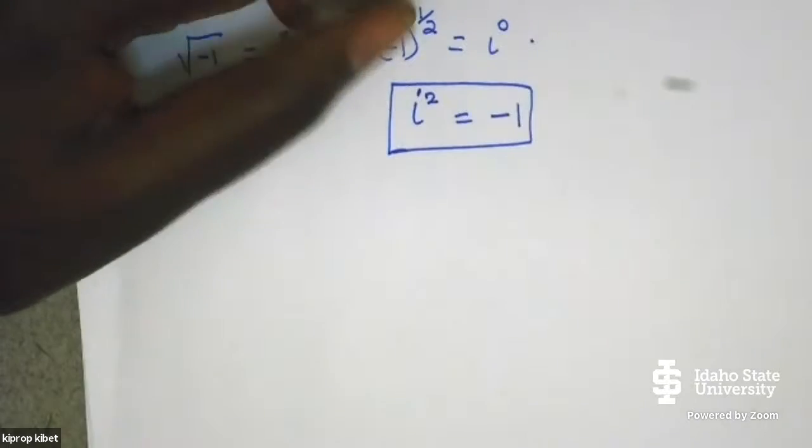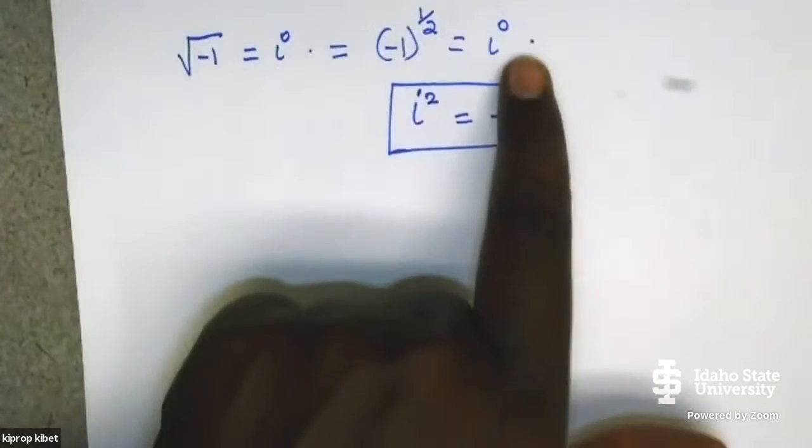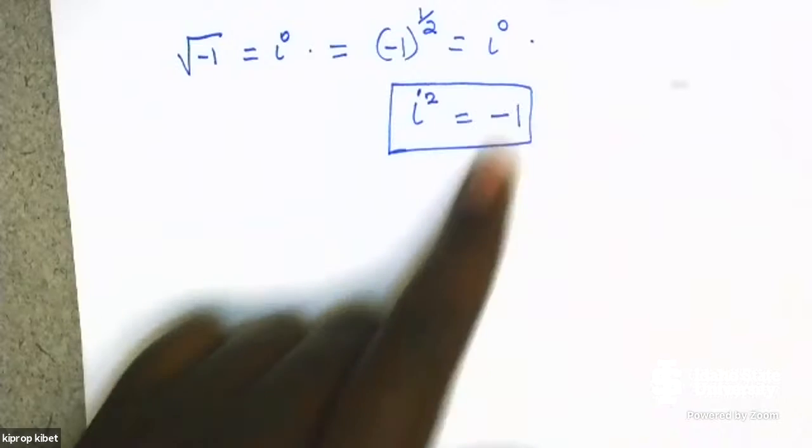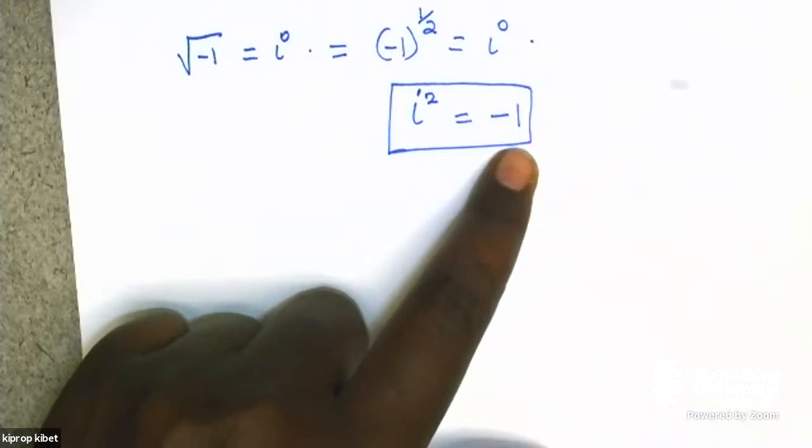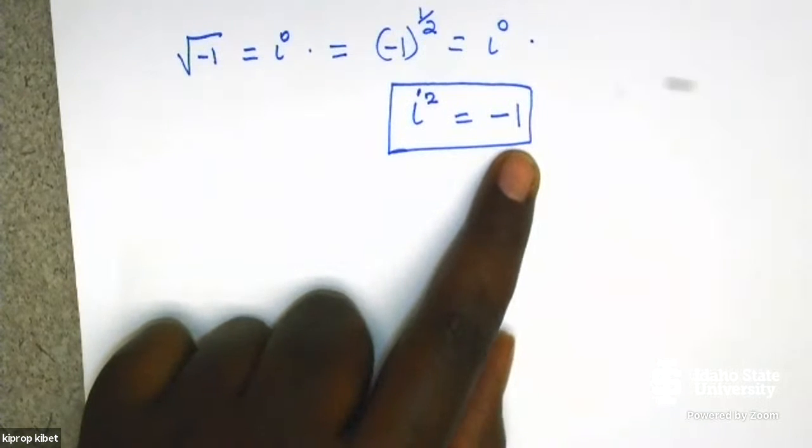Since you can multiply both sides by the square here, you get i squared equals -1.